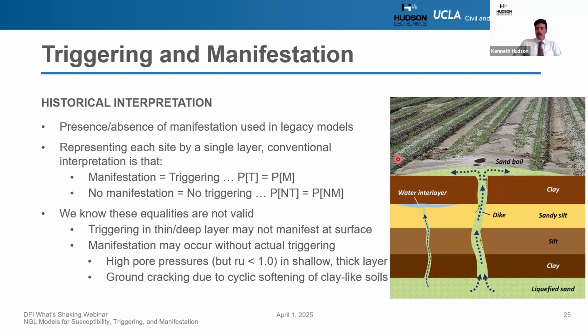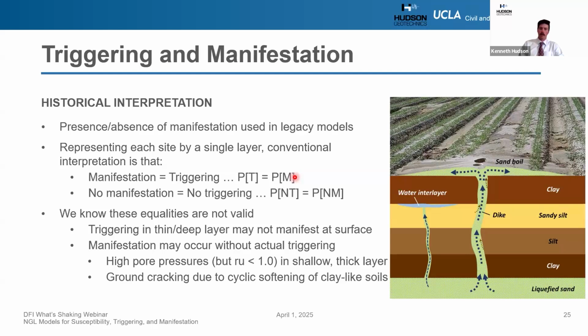What is done with the interpretation is that you take the critical layer and assume that we observe manifestation at the ground surface, therefore the probability that manifestation occurred is equal to the probability of this critical layer triggering, and both are set at 100% because we observed manifestation.